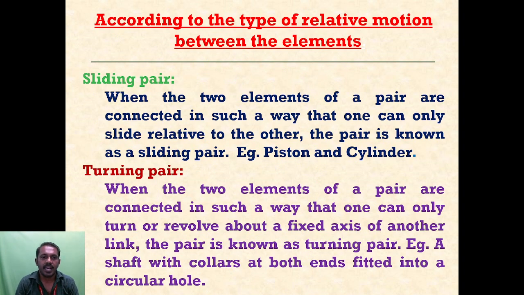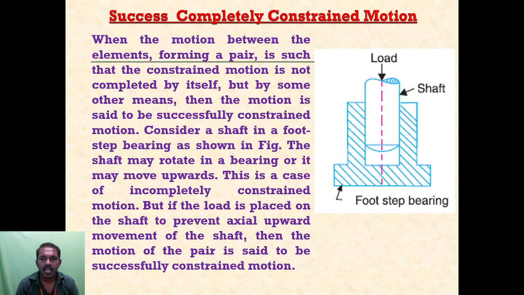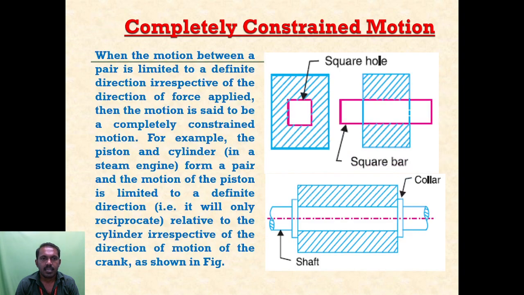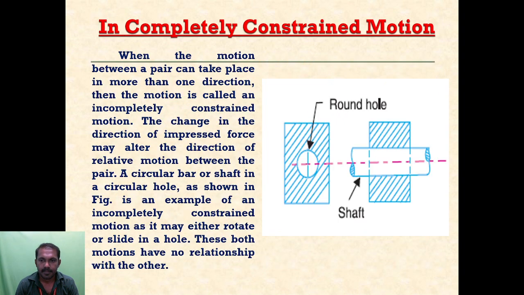Next we discuss the sliding pair and turning pair. Sliding pair: when the two elements of a pair are connected in such a way that one can only slide relative to the other, this pair is called a sliding pair. For example, piston and cylinder, which is a completely constrained motion.